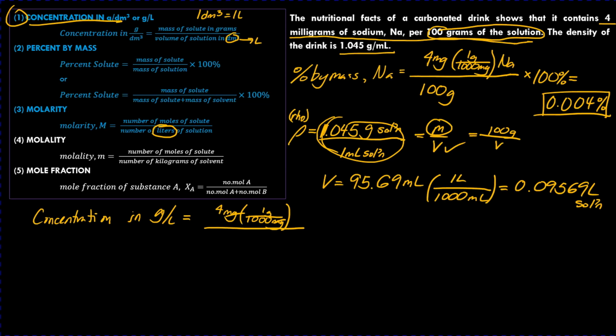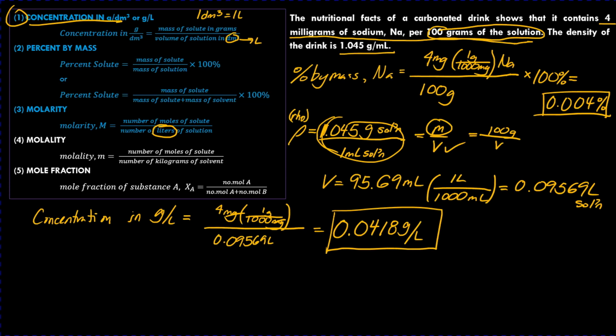We're dividing by the volume of the solution, which is 0.09569 liters. Now our unit is here, grams per liters. So this is our answer for concentration expressed in grams per cubic decimeter or grams per liter.